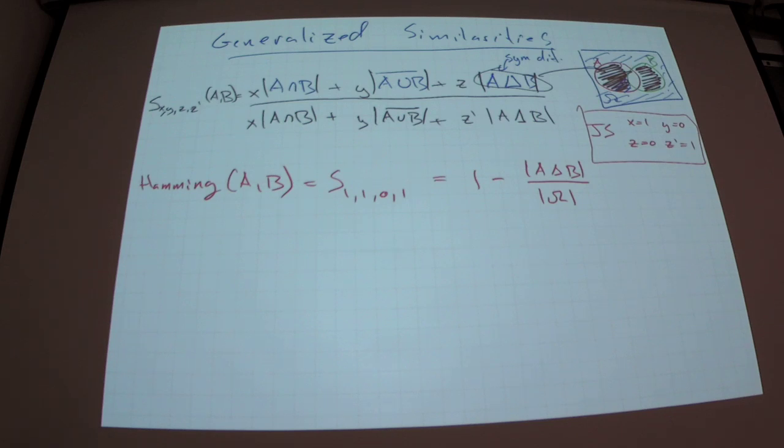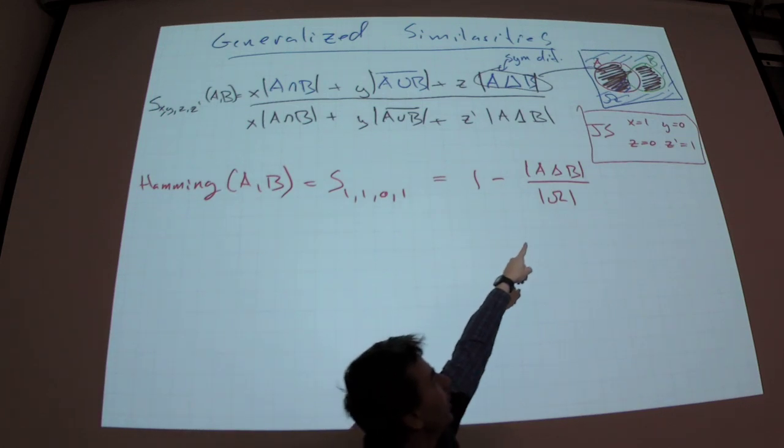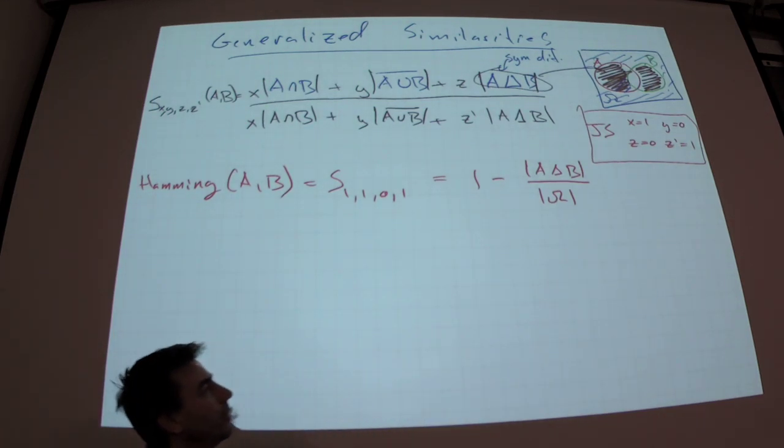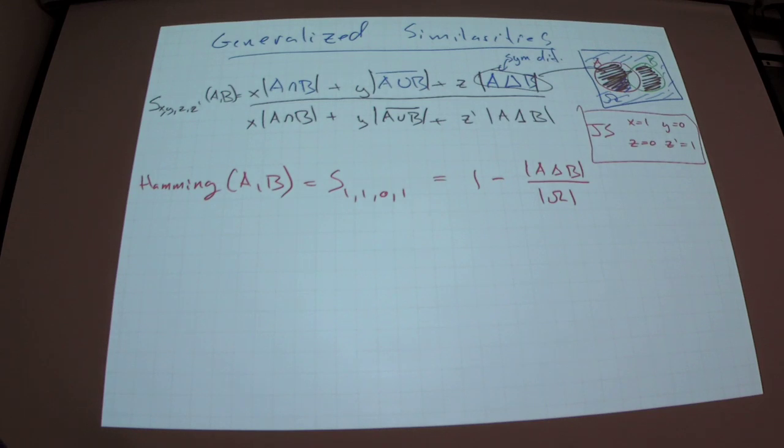Basically this is the fraction of items which are the same. The symmetric difference over the domain gives all the things which are different between the two. And this is commonly used. You can represent a set as a bit vector over all the possible elements, and it's the fraction of the bits which match in these bit vectors.